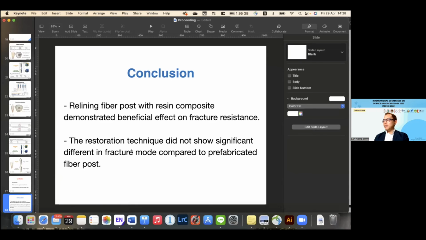Okay, if there is no question, I will ask you some questions. The adhesive system that you use, it was Optibond Solo Plus, right?